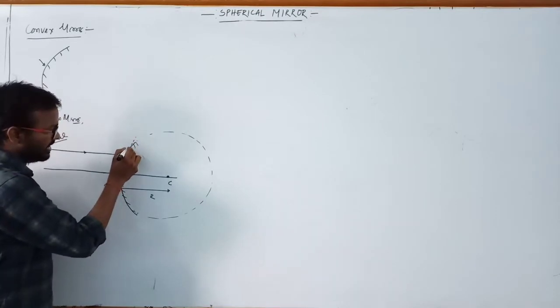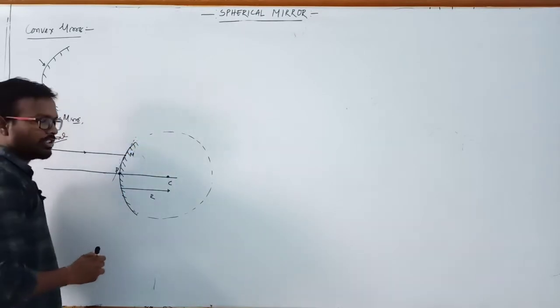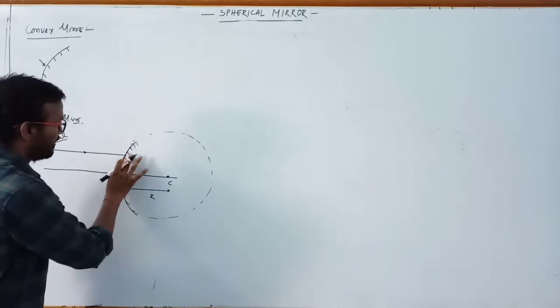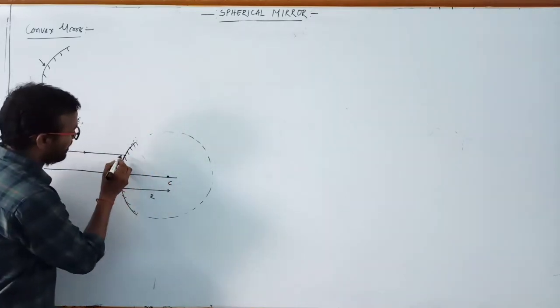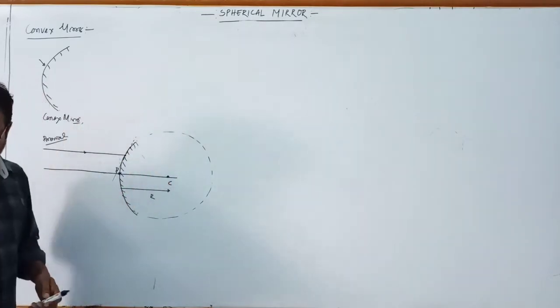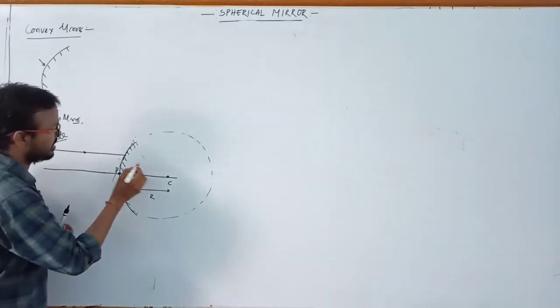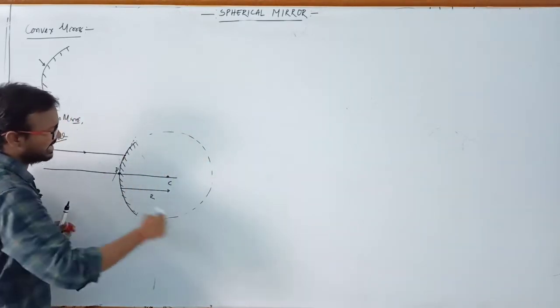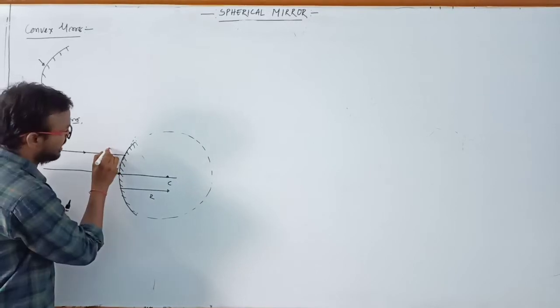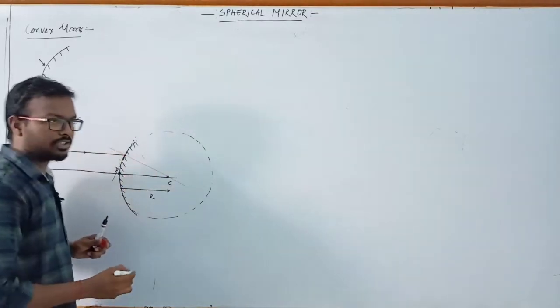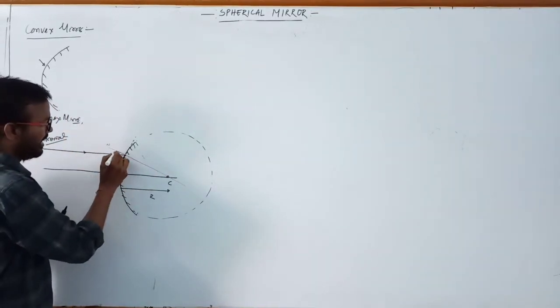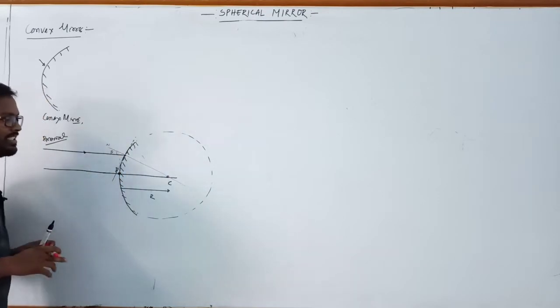So this is the tangent. Now we have to draw a normal by using the law of reflection. If you draw any normal at any point of the sphere, this normal passes through the center of curvature, and this angle is known as the angle of incidence.